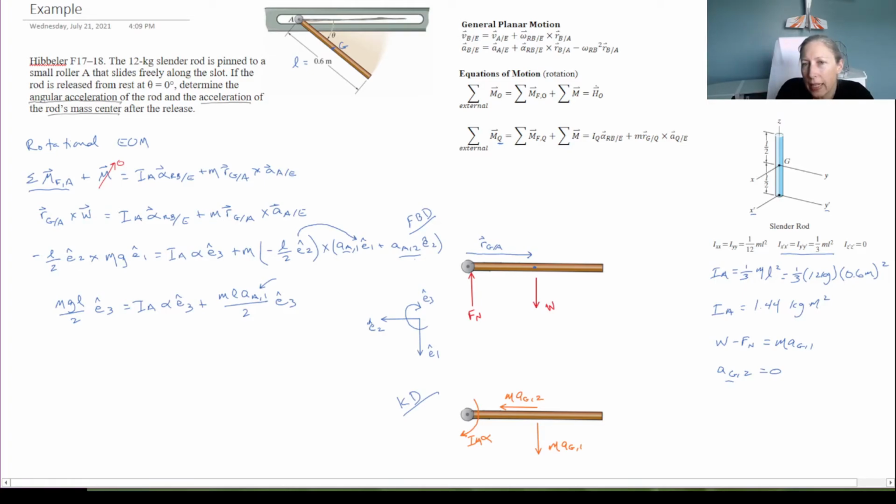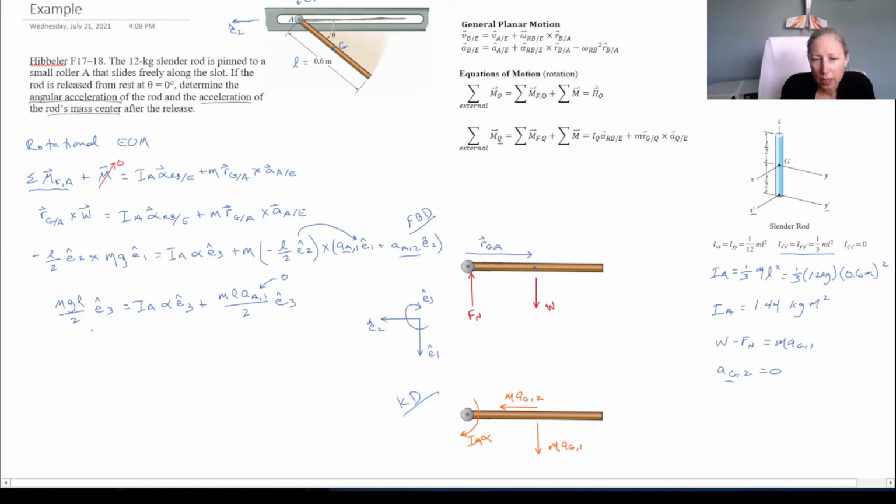So A is confined to move in the horizontal direction, right? So this is the E2 direction. But point A cannot move in this E1 direction, right? It's confined to move horizontally. So we can say that this acceleration of A in the E1 direction is actually 0.